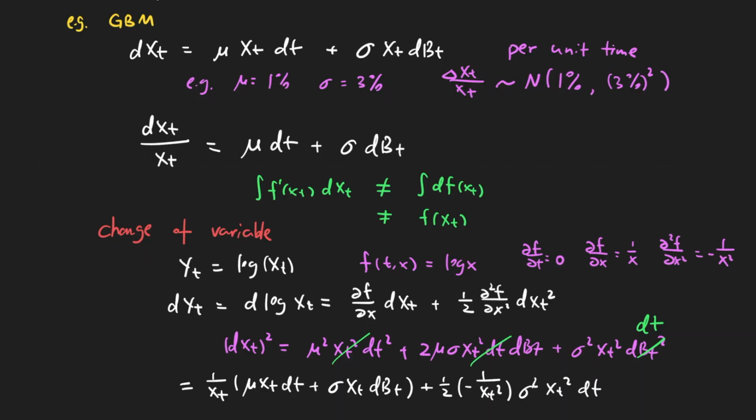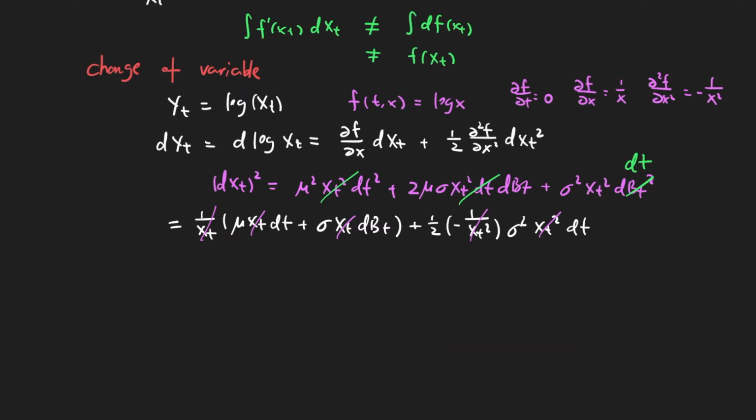There are many things that can be cancelled, and we will have mu minus a half times sigma squared dt plus sigma times dbt. That equals the differential for the log of the stock price.